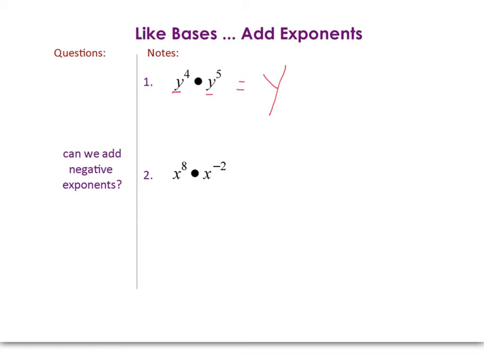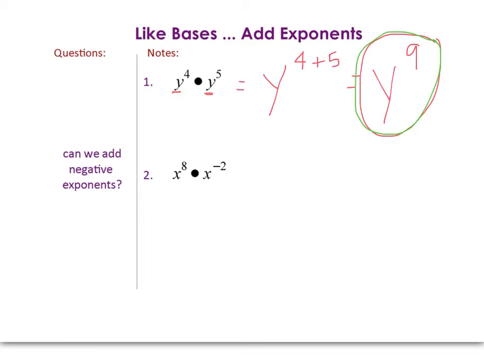I'm multiplying the same base, so I add my exponents, and I get y to the ninth. That's all you're doing, just adding those exponents. And all the time, if your answer is some variable like y or x, your answer is going to be y or x.